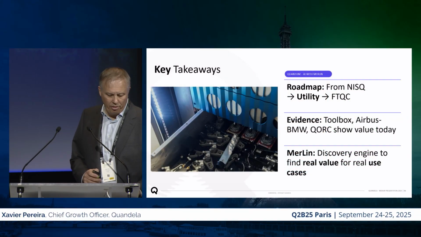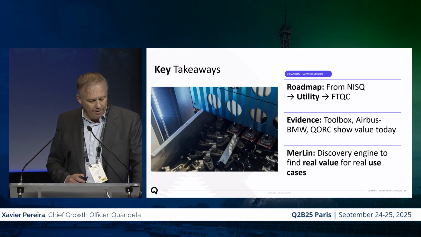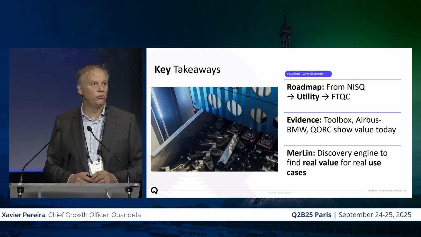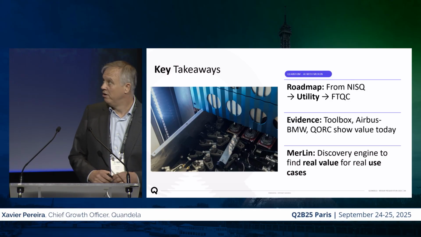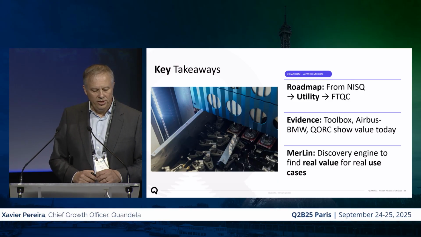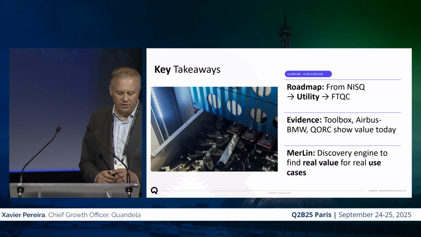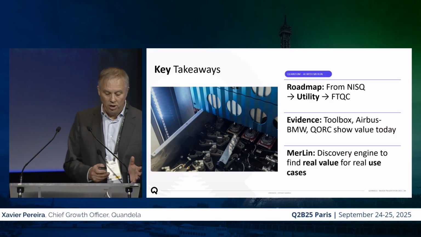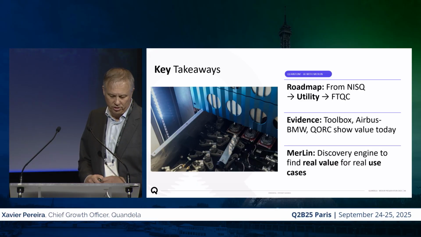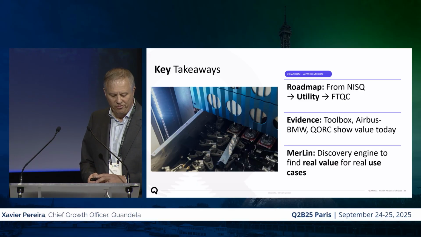So if you need to remember three things, I would say, first, Quandela is progressing along a clear roadmap from today's noisy devices to near-term utility to fault-tolerant quantum computers. Second, we already see concrete examples of quantum-enhancing AI workflows, from our toolbox to Airbus, BMW, to independent results like Cork, I mentioned before.